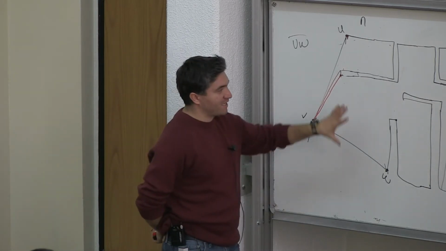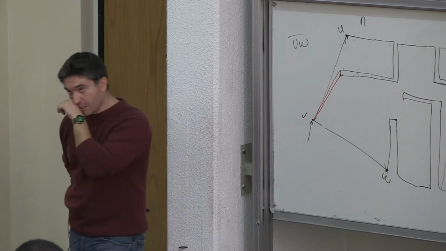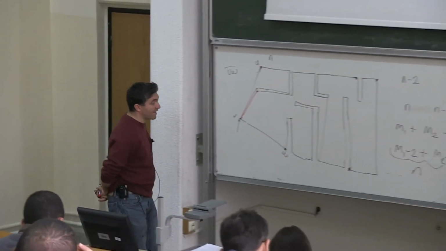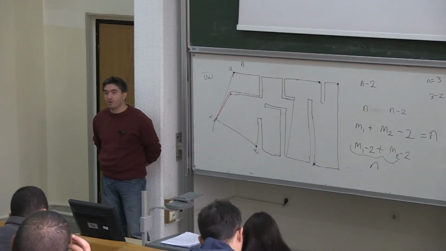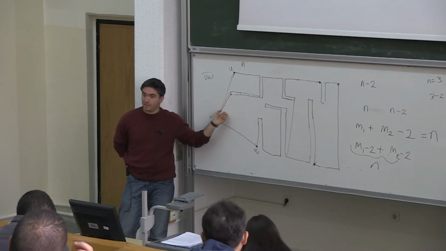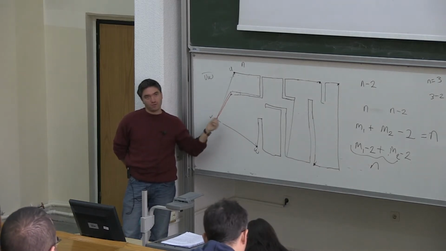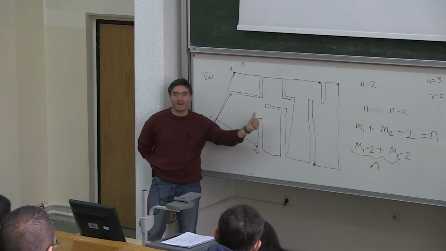Now, what is the complexity of this algorithm? If we analyze it, it turns out to be n squared. Because we are first finding the leftmost vertex, and we are going to do this n times.